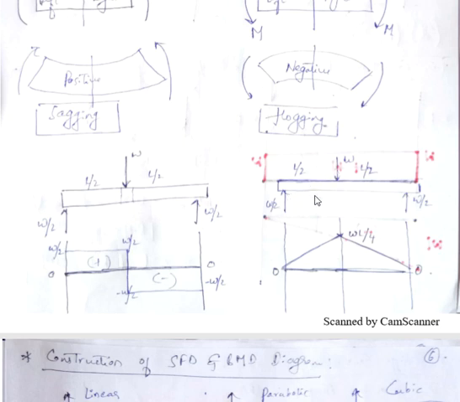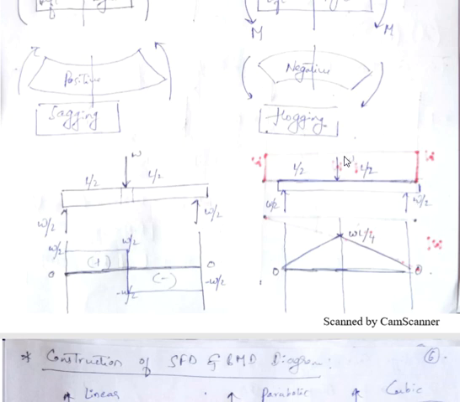Suppose I am considering this cross section at this point. If I come from right side, then there are two forces: this W by 2 into whatever the length is from this section to this W by 2, and again plus or minus this W into whatever the perpendicular distance is up to this section. When I add the two moments, I'll get the bending moment at particular cross section.